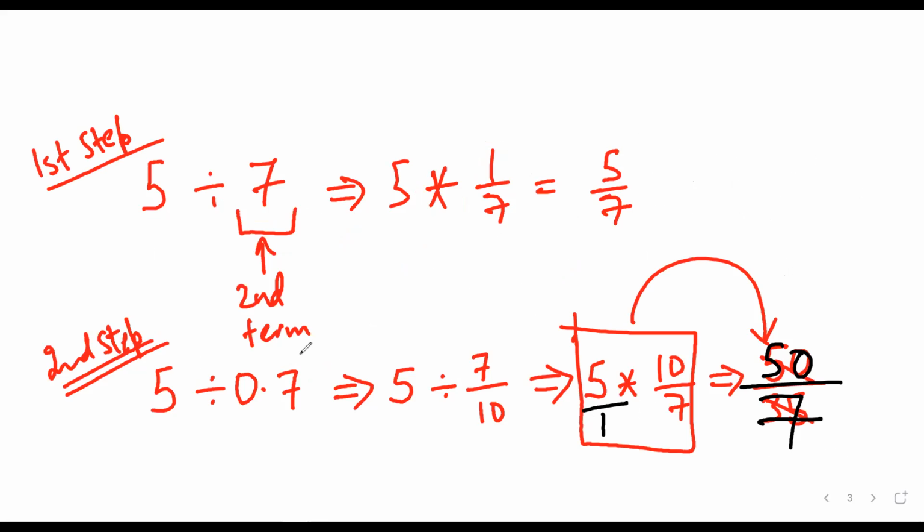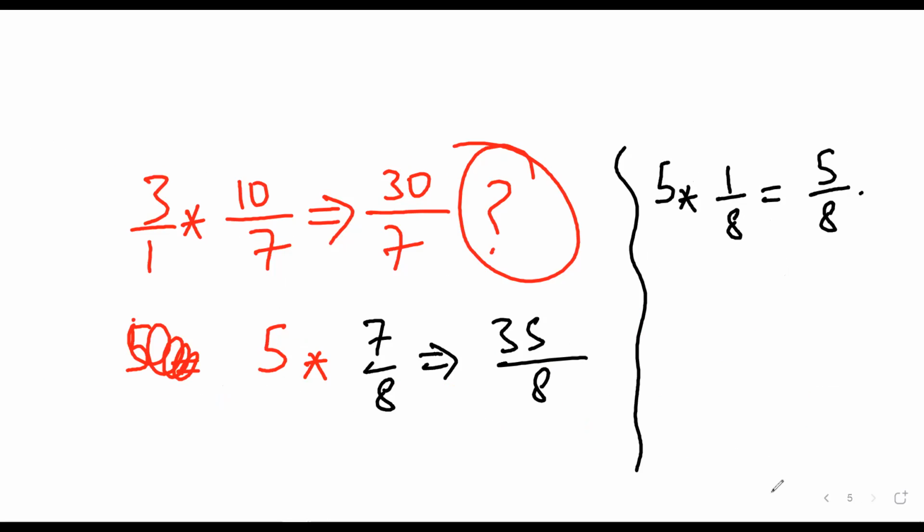And usually the confusion comes when decimals are introduced. The best way to avoid all kinds of confusion when you are dealing with decimals is, so 5 divided by 0.7. Soumya, what can I write this as? You can take the reciprocal of 0.7.